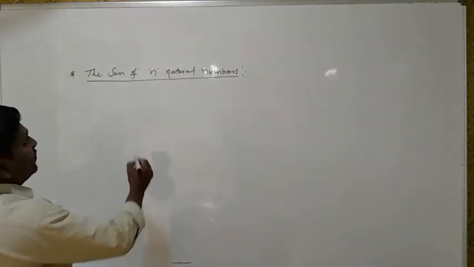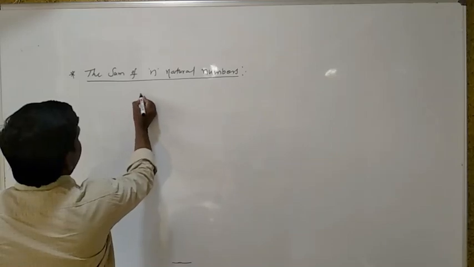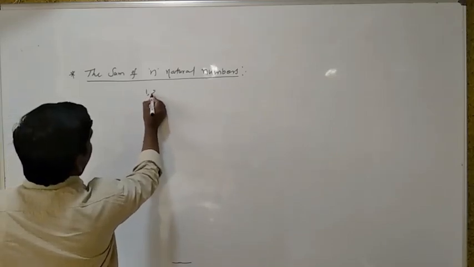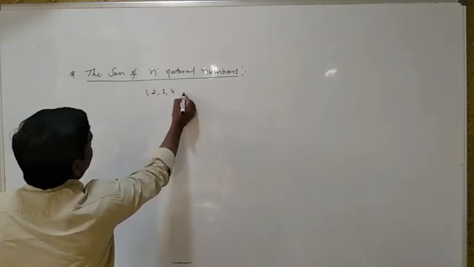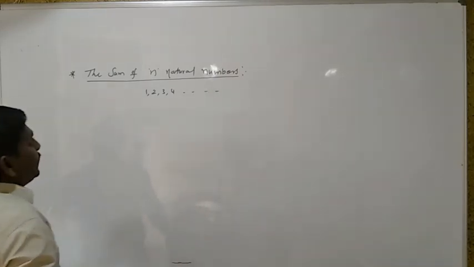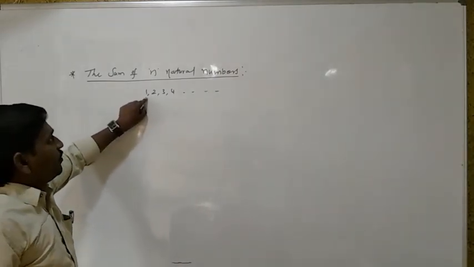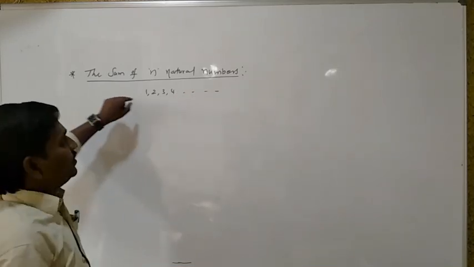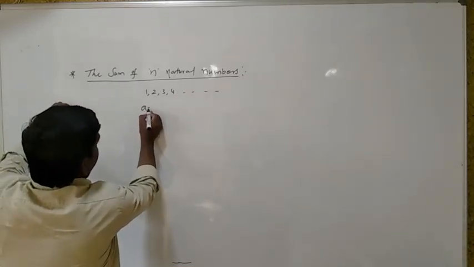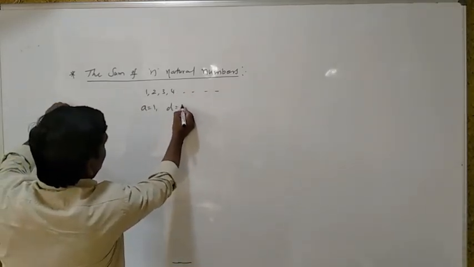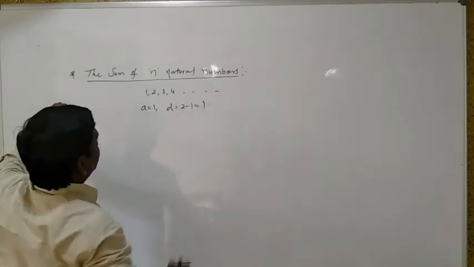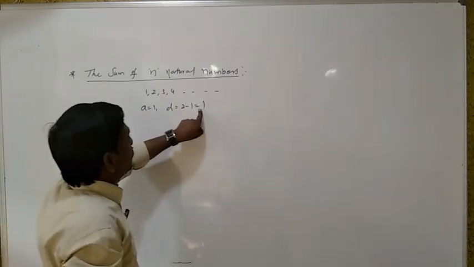Take the set of n natural numbers. The natural numbers start from 1, 2, 3, 4, and so on. Here a equal to 1 and d equal to 2 minus 1 equal to 1.